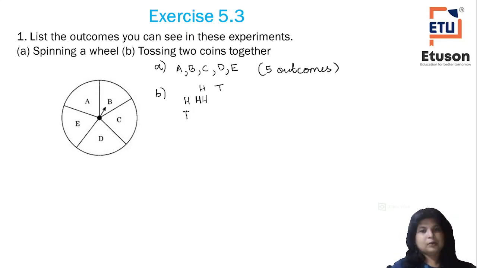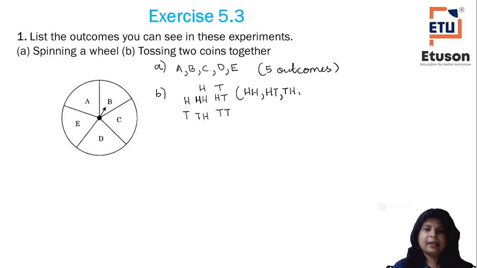Or another case is possible: first toss head, second toss tail. First toss tail, and second toss head, or it can be tail and tail. So what are the outcomes here? You have either head and head, head and tail, first tail then head, or both tail. So how many outcomes you will have? You will have 4 outcomes.